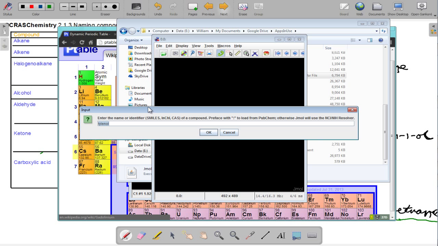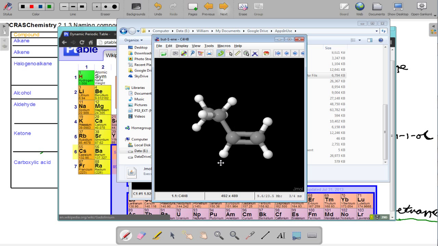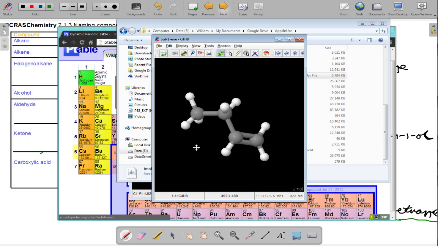And then when you click Get Mol, if you can't quite visualize it and you don't want to build a molymod because they take a long time and you might not have enough money to buy one anyway, or your college won't let you borrow them, then if you type in the chemical compound you want, so if I type in but-1-ene, the proper chemical name that you find in the textbooks or online databases, then it will come up with that molecule as long as you're connected to the internet and you're not connecting through any kind of internet proxy.